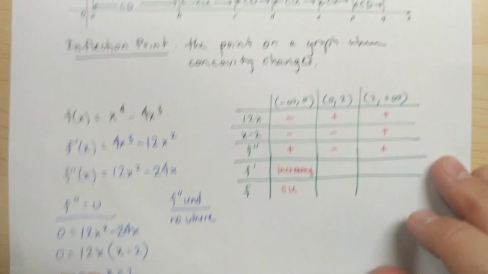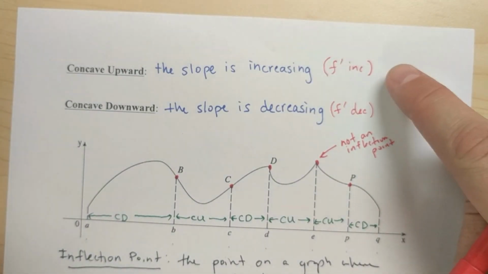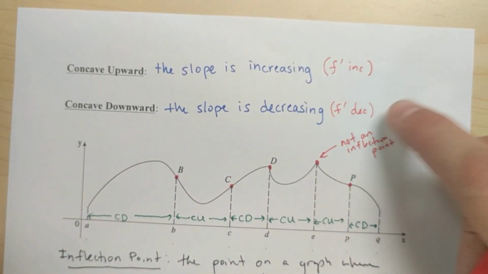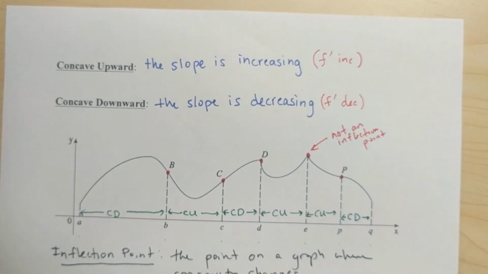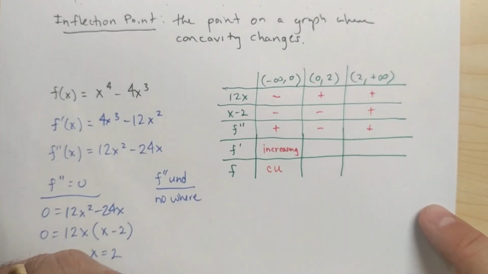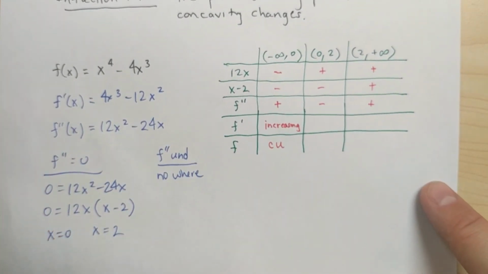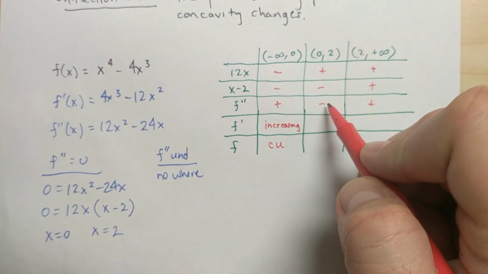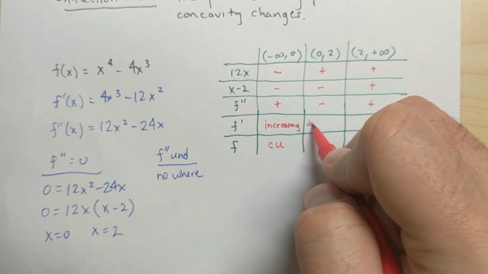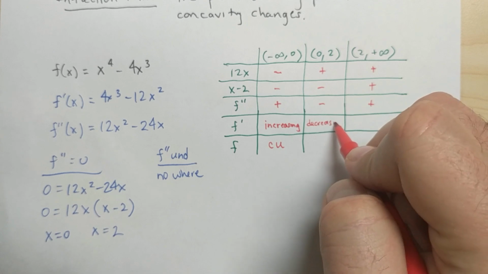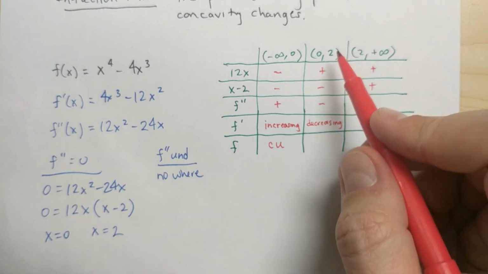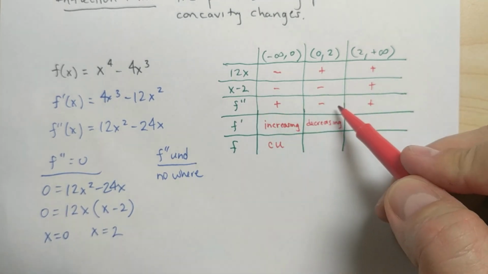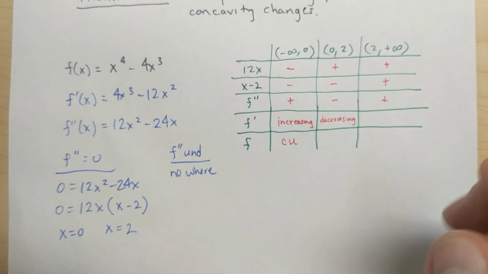So we're just trying to figure out when f prime is increasing and decreasing. That tells us when f is concave upward or downward. Okay, from 0 to 2, it's negative. That means f prime is decreasing. From 0 to 2, f double prime is negative, so f prime is decreasing. That means f is concave downward.